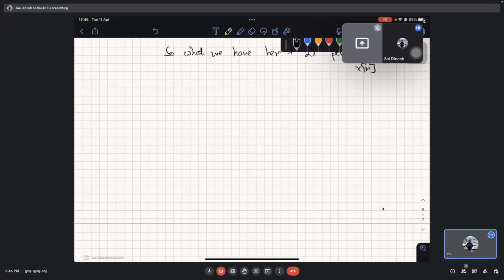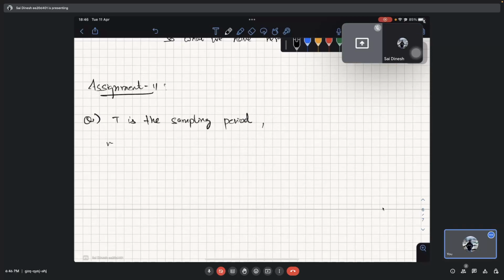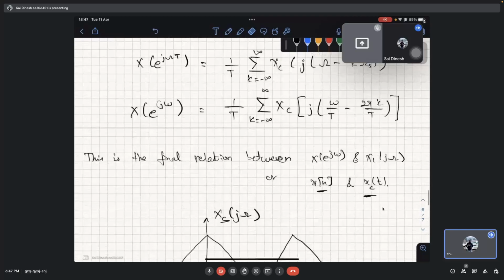Okay. So assignment 11, question 1 says that if T is the sampling period, the relation between analog frequency F naught and digital frequency small f naught is f naught equal to capital F naught times T. I have actually discussed this question just a while ago.